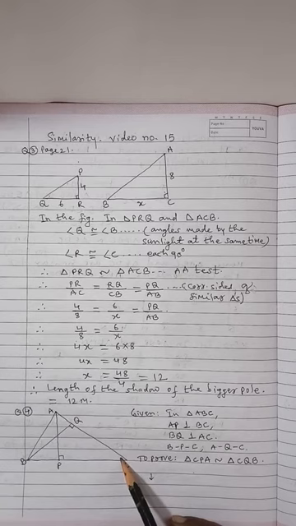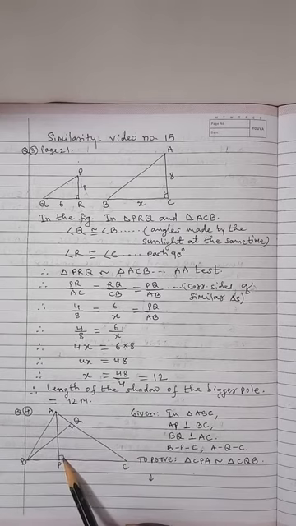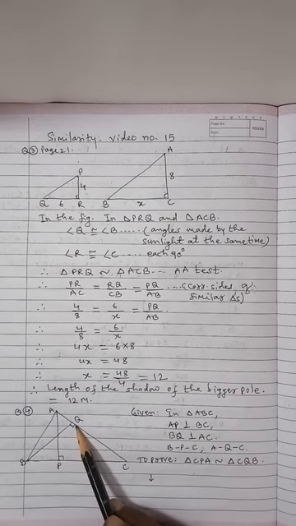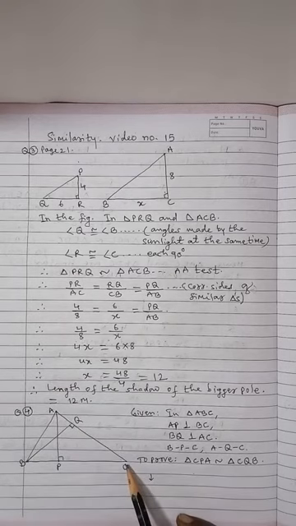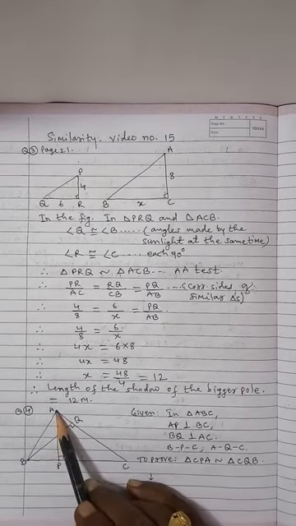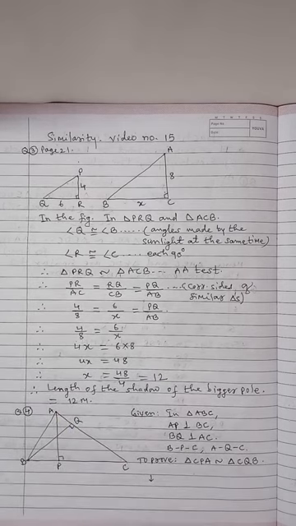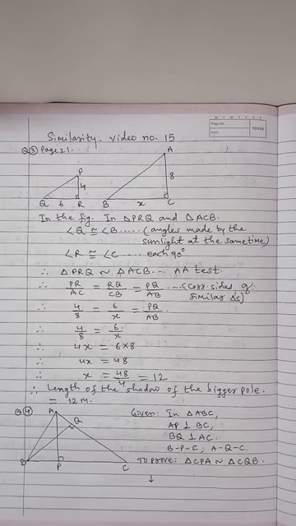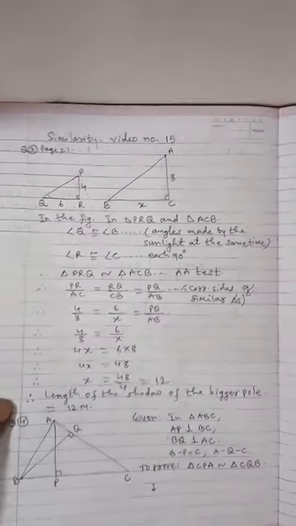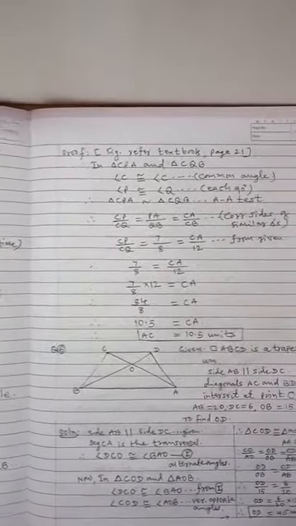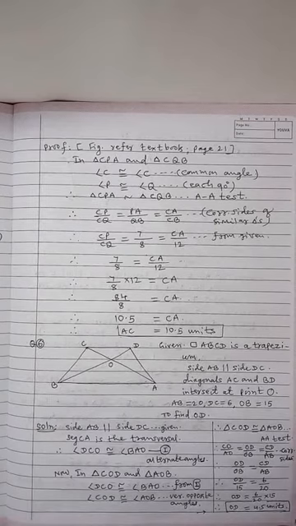Then angle CPA, or angle P, is congruent to angle Q. Reason for this is 90 degree. So two triangles, triangle CPA and triangle CQB, are similar by which test? Angle test. See here, that was the explanation with the figure. And now we'll see here.